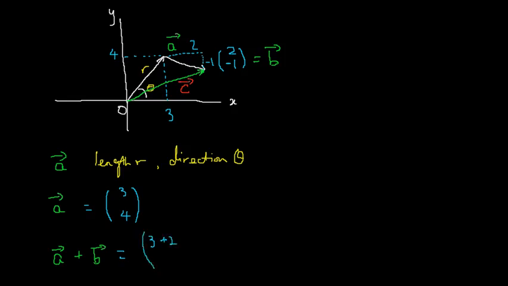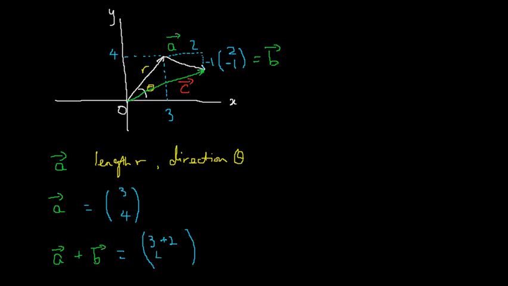Let me get ready a column vector bracket here. And for the y direction, when we move along vector A, we move up by 4 units. But if we then move along vector B, we move down by 1 unit, or we move by -1 unit. So overall, we would have moved 4 minus 1 units.